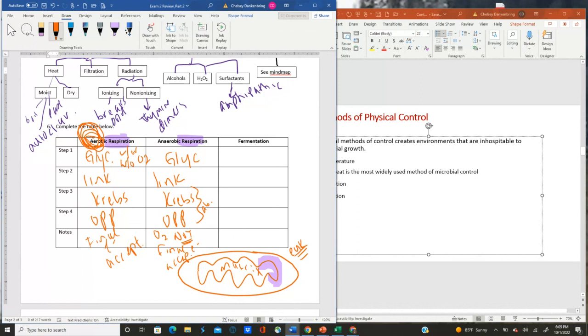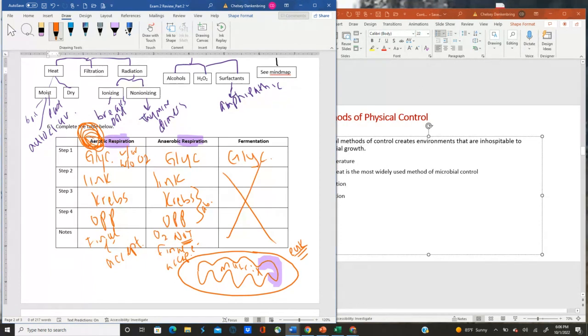Okay, now fermentation is where things get different. Fermentation has glycolysis. That's the one thing that all of these processes have in common. They all have glycolysis.